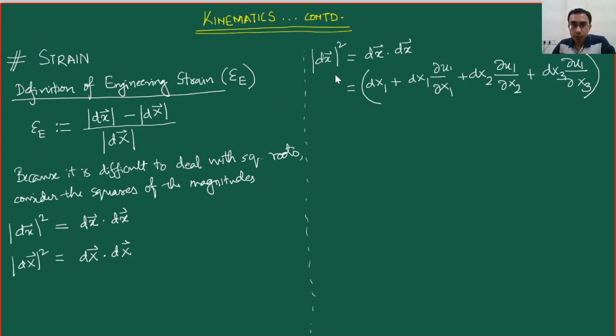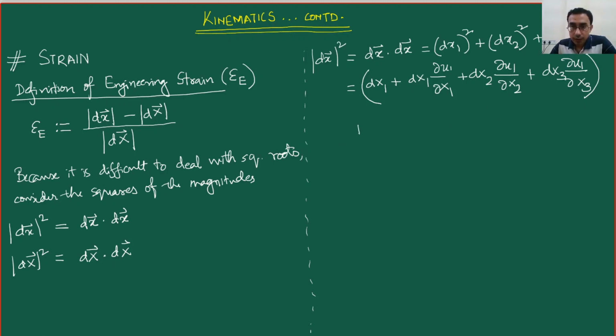So basically what I'm doing here is, maybe this will be clearer if I write this as dx1 square plus dx2 square plus dx3 square. And what I have written till now here is just the d small x1 square.